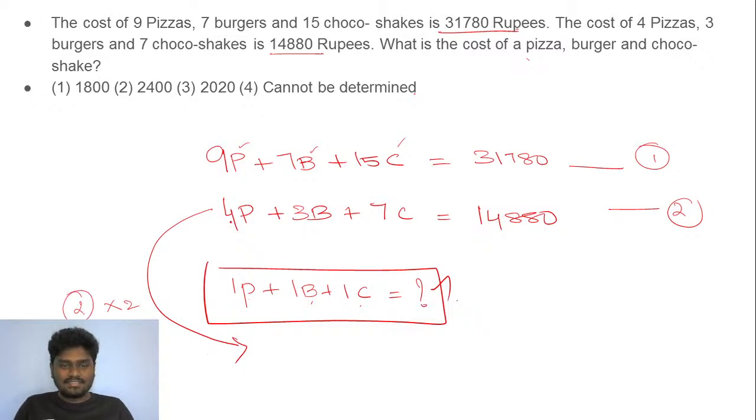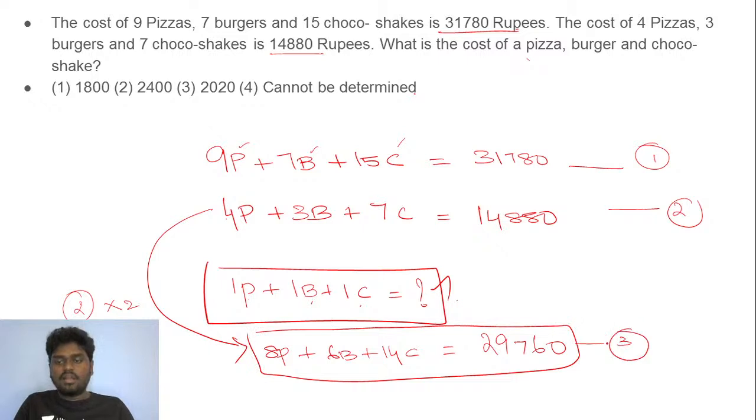What will I be getting here exactly? 4 into 2, it's going to be 8 pizza plus 6 burger plus 14 choco shakes is equal to 14,880 into 2, which is going to be 29,760. Let me take this as equation 3 now.